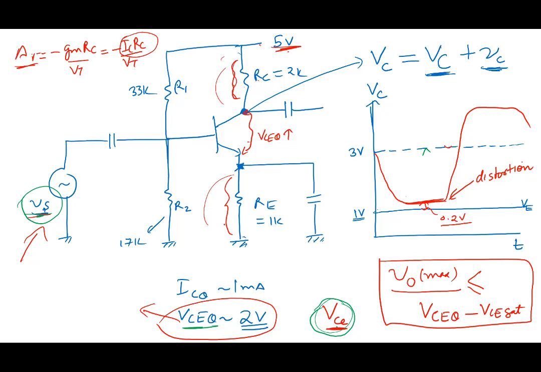It is ICRC, the drop, which decides the gain. Minus gm RC, sorry, minus gm RC by VT here, minus IC RC by VT. So this drop is very important for you. It is deciding the gain. This drop is deciding what? The swing.